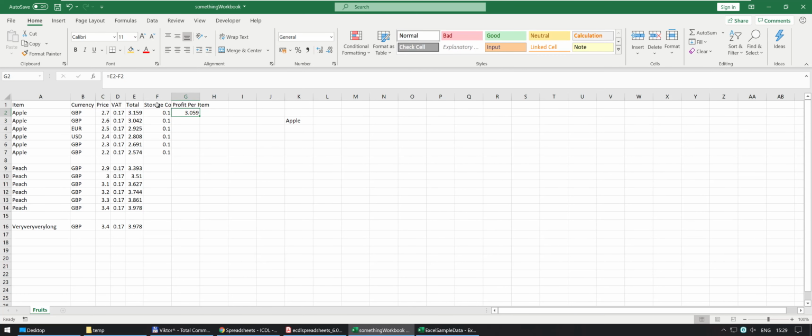Obviously VAT minus storage is not real profit, so don't get bogged down in it. What we're looking at is the logic, how to use cell references with arithmetic functions. You've seen here that you have the plus, the whole idea with parentheses and multiplication, and here you have one being deducted from the other.